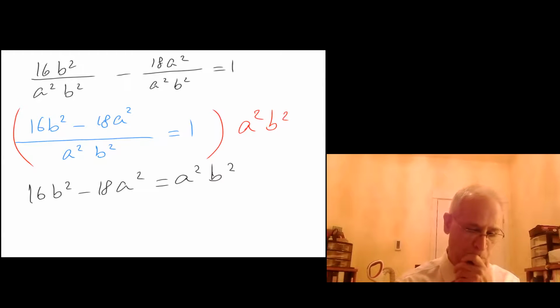I have one equation, two unknowns, and so I cannot solve this the way it's set up. So let's go back and see what other information was given to us.